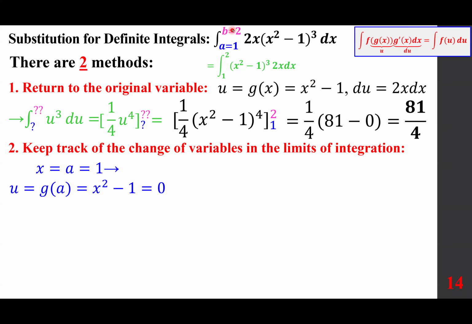For the upper limit b equals 2, x should be the upper limit. It happened to be 2. We call it b in general. So now we're going to evaluate g of b, which is g of 2. 2 squared is 4 minus 1 equals 3. And so over here, now we can say from 0 to 3.